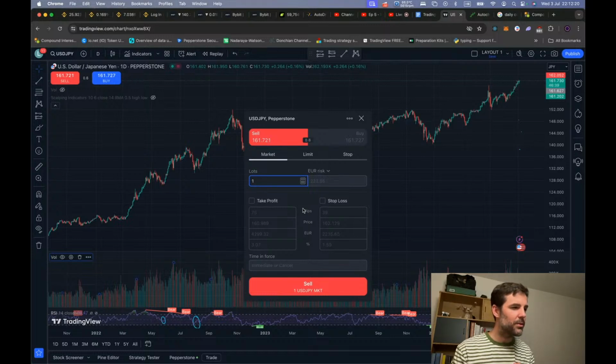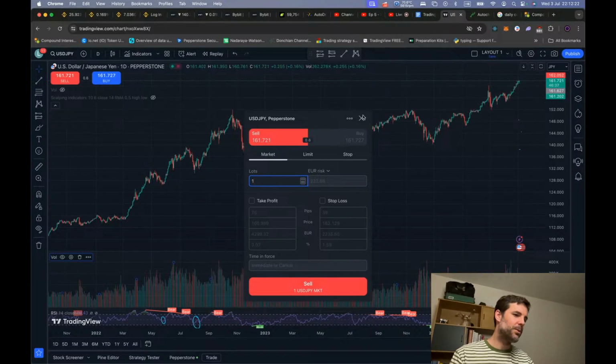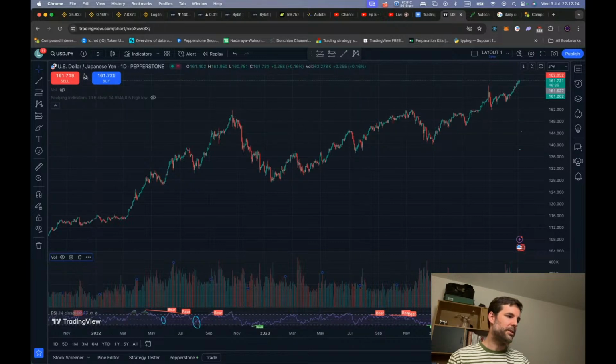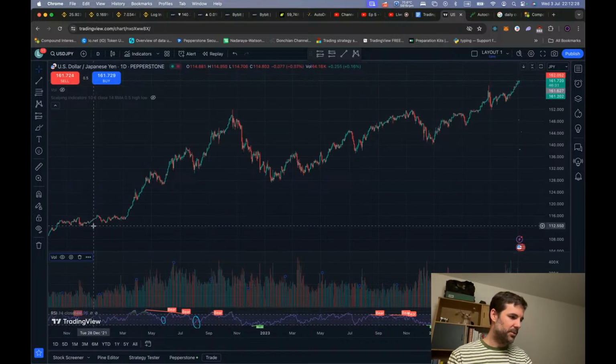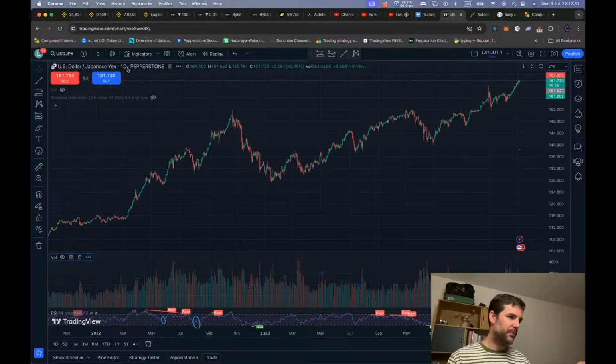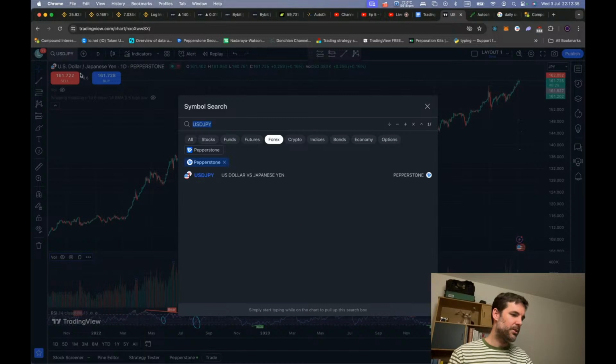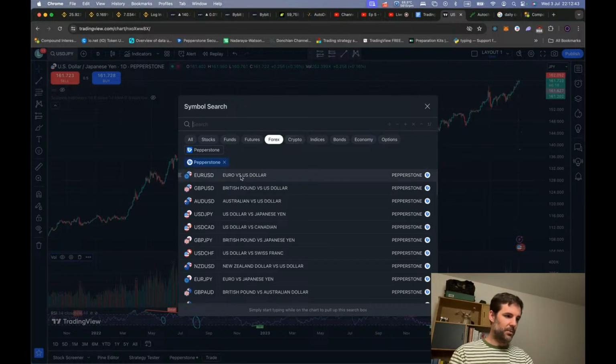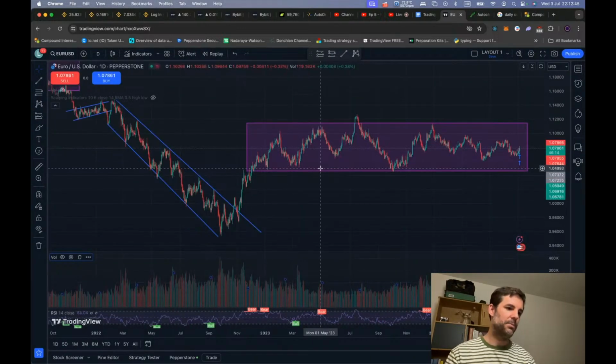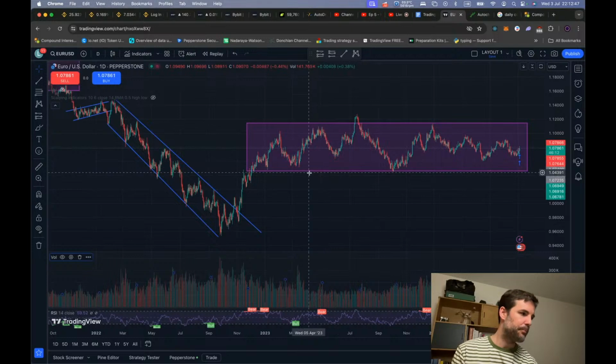Wait, no, let's go to a currency that's more one-to-one, because the Japanese yen is a bit fractured. You need like 2K or 3K to actually be worth the dollar or something. So euro to dollar is a bit more aligned.